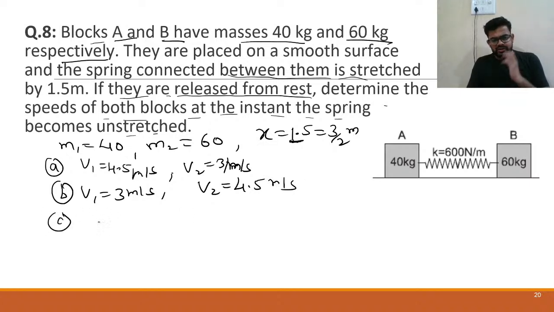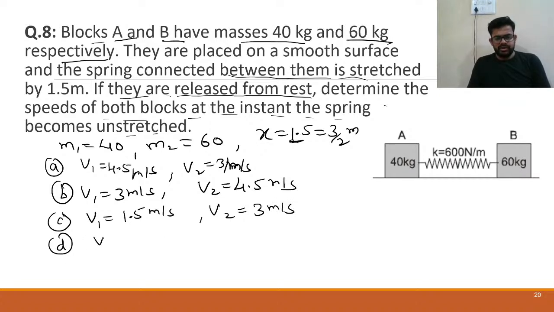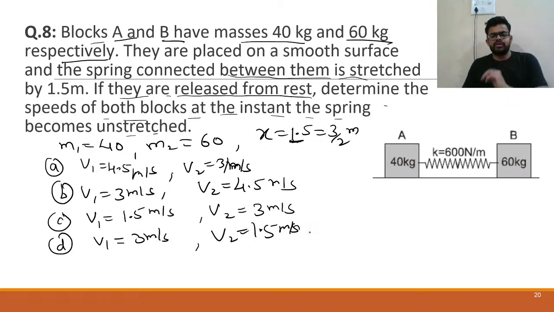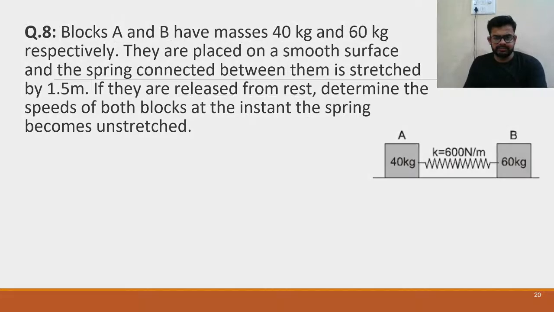Option C: V1 is 1.5 meter per second and V2 is 3 meter per second. Option D: V1 is 3 meter per second and V2 is 1.5 meter per second. Which of the following options is correct?